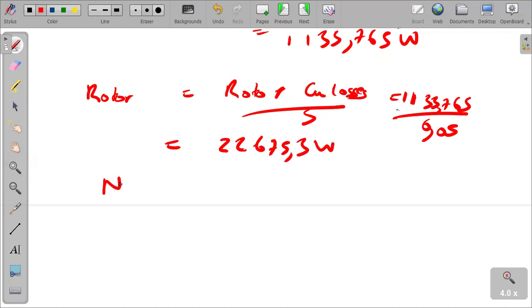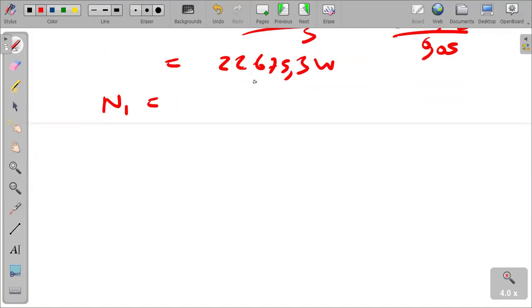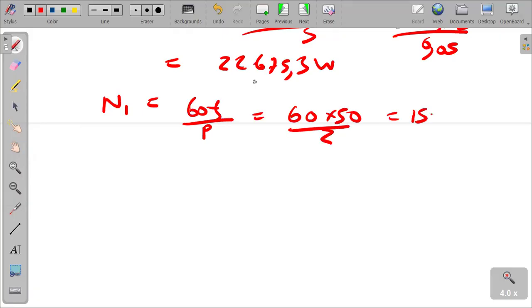Therefore, calculating the speed, N1 is equal to 60 times F over P, the pair of poles. So it's 60 multiplied by 50 over 2, which is equal to 1,500 revs per minute.